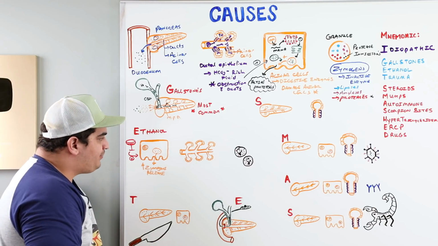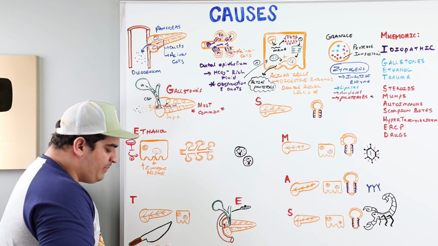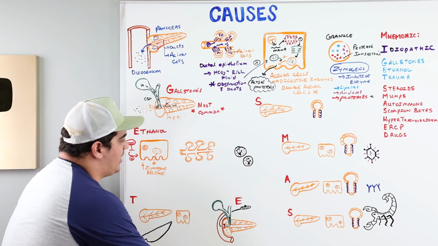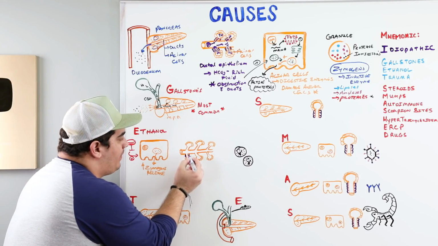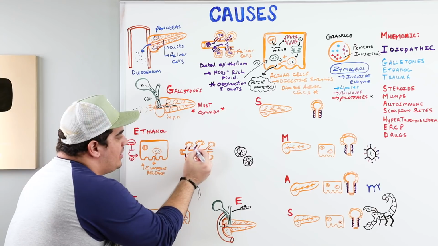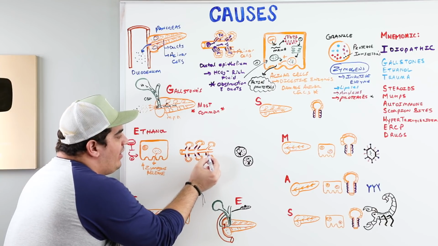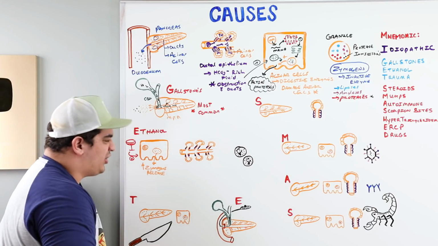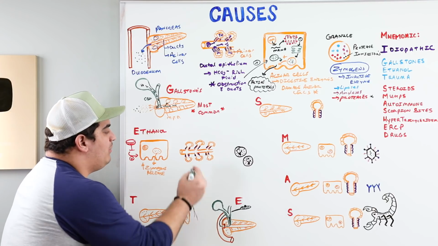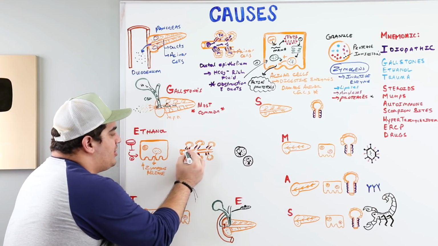You know what else it can do? It's an interesting thing. It can also tell the epithelial cells, remember those ductal epithelial cells that we have right here? These ones right here? It tells these ductal epithelial cells to make a very thick type of bicarbonate-rich secretion. So it really makes it a super, super thick kind of mucousy type of secretion here.